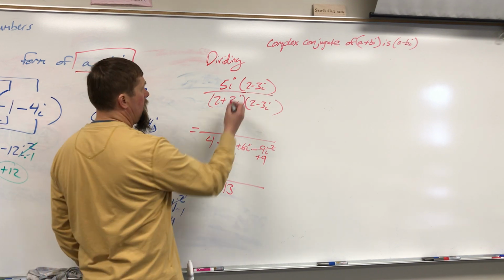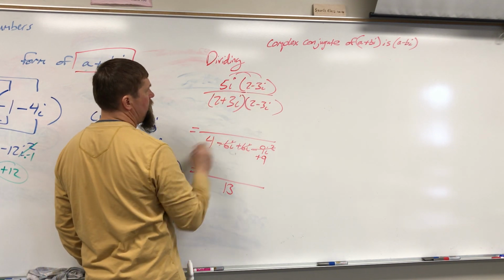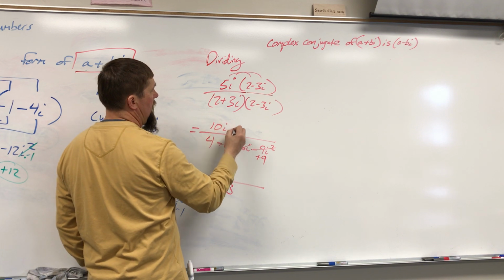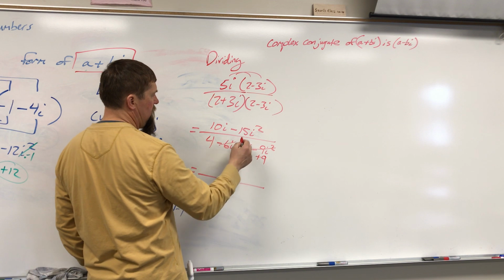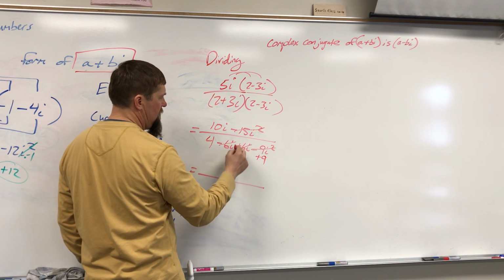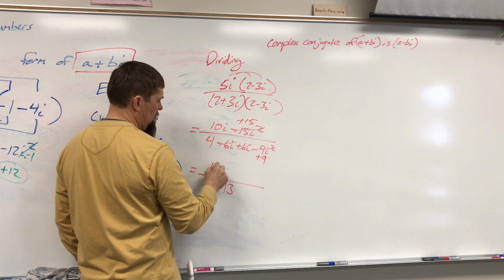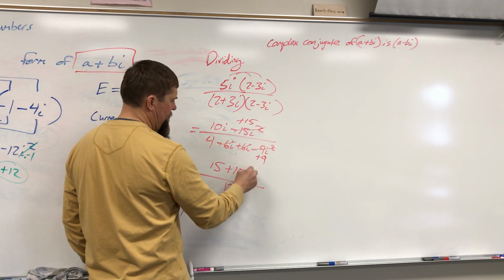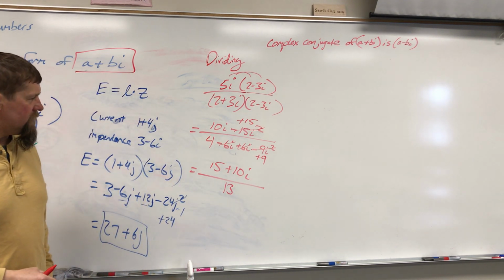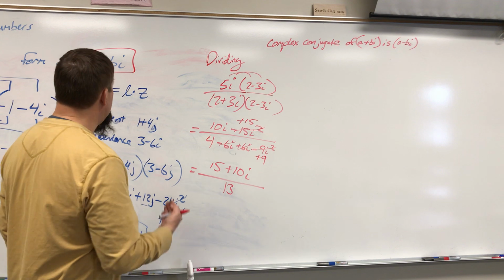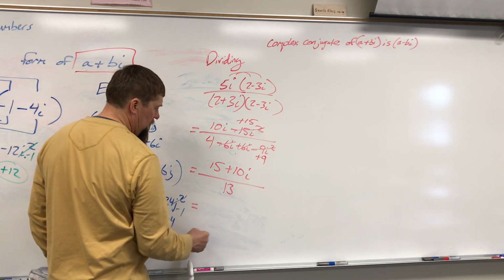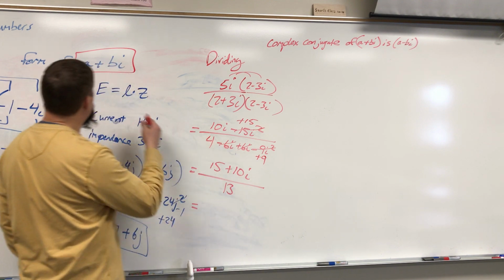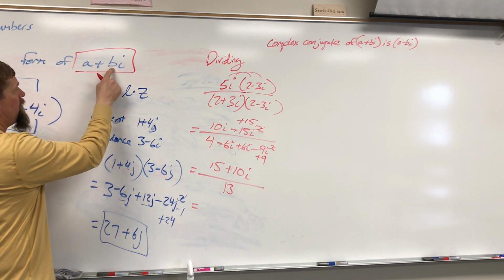Now the numerator, what we're going to do is distribute. So we end up with 10i minus 15i squared, which of course becomes positive 15 plus 10i. Now, there's our number. However, that's not in complex form yet. Complex form actually is the two separate numbers, a plus bi.